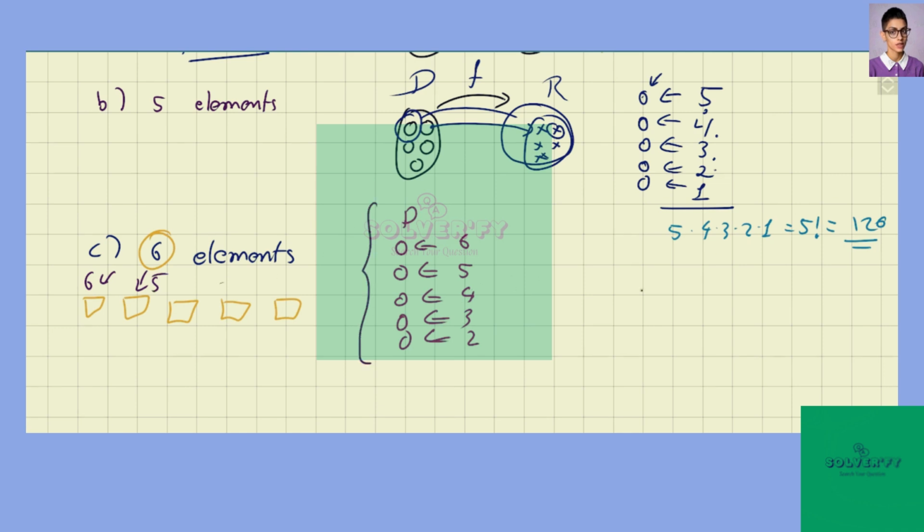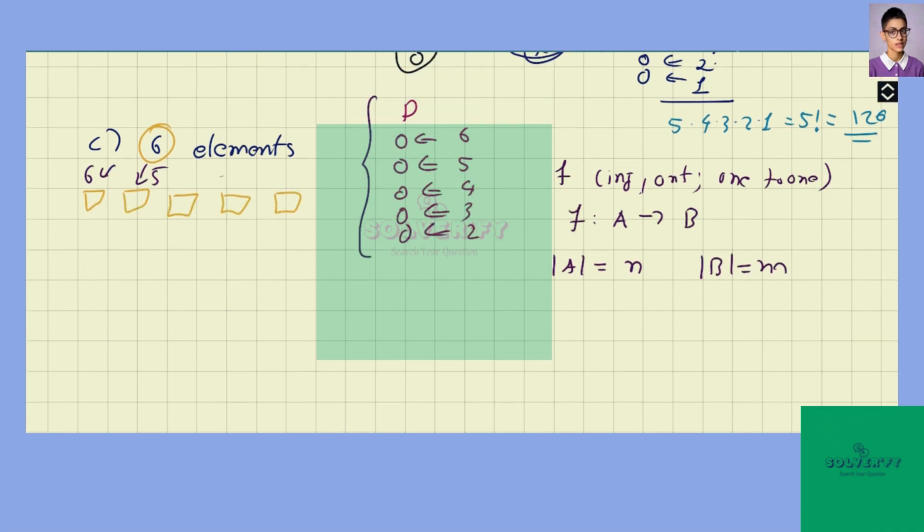So in general, you can calculate the number of injective, or one-to-one, functions just by knowing the number of elements in the domain and the target. Let's say that this maps from a set A to a set B, the number of elements in A is n, and the number of elements in B is m.